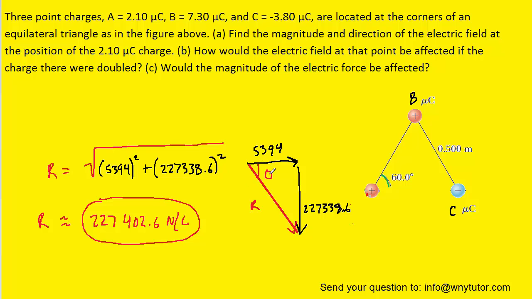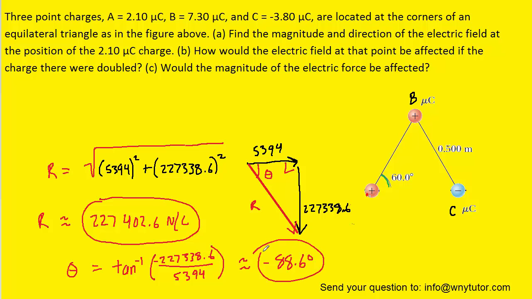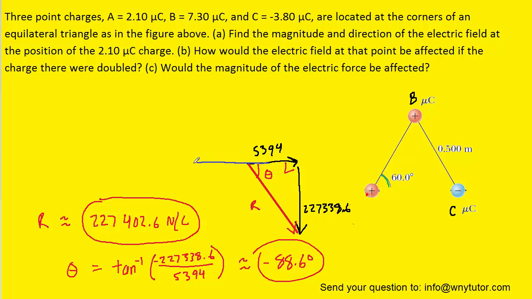The direction will be this angle right here, and we can see that we have the opposite side labeled as well as the adjacent side labeled of this right triangle, so we can use the inverse tangent. And that angle comes out to approximately negative 88.6 degrees. Now your homework system might want you to express that as an angle that's counterclockwise from the positive x-axis.